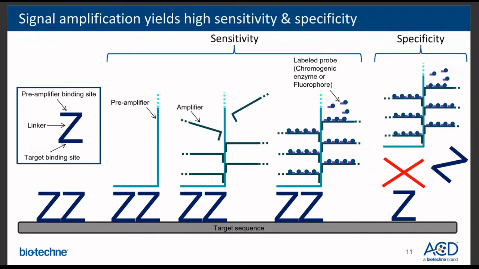If that occurs, our stringency wash steps in between the hybridization steps would wash the whole probe away, and you wouldn't see any signal. So this really covers the specificity part pretty well.